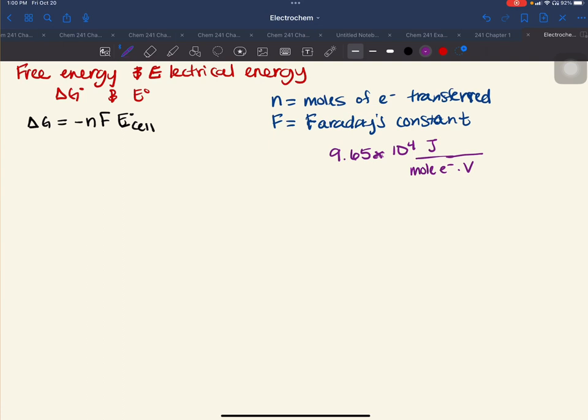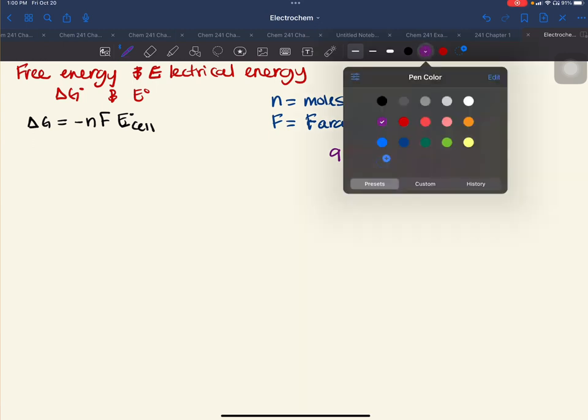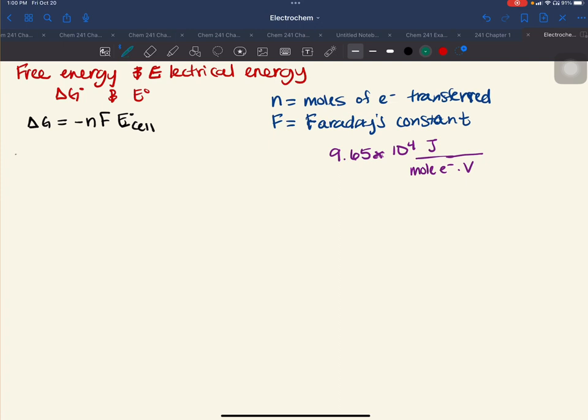So if we were to look at our previous example with the tin and silver, we could calculate delta G for this process. And we just calculated E cell for that process, and it was equal to 0.94. We also know that the number of moles was equal to 2 moles of electrons transferred.